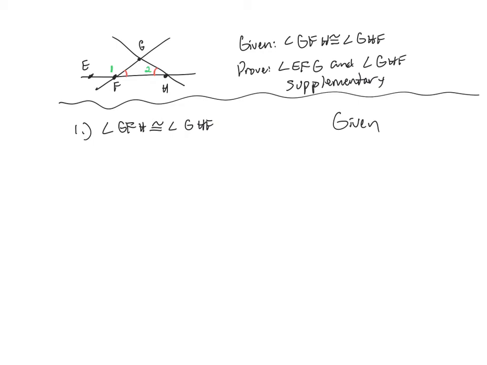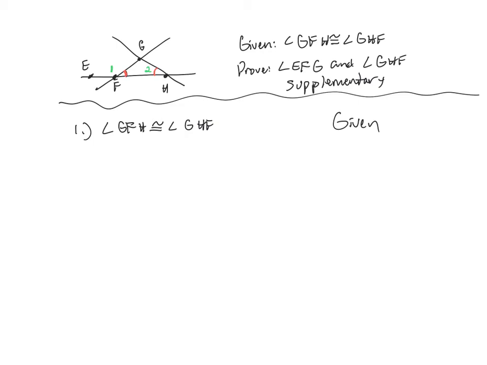Well, angle 1 and GFH, the one here with the red that I just marked over in black, I'll put it back in red, those two are a linear pair because they make a line, and a linear pair is supplementary.